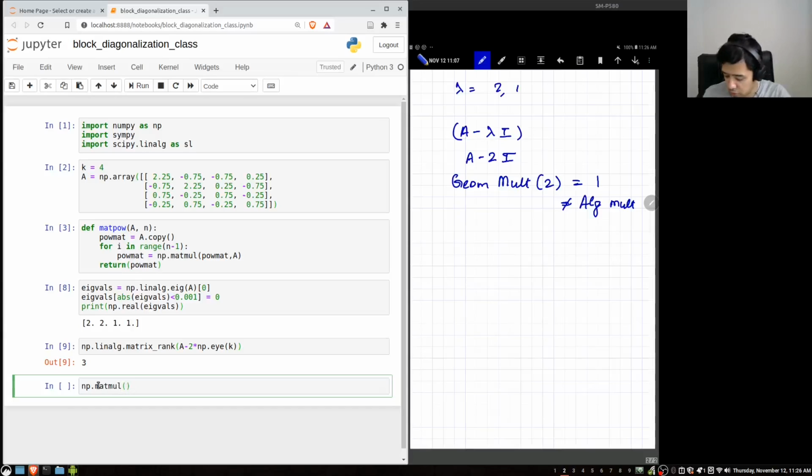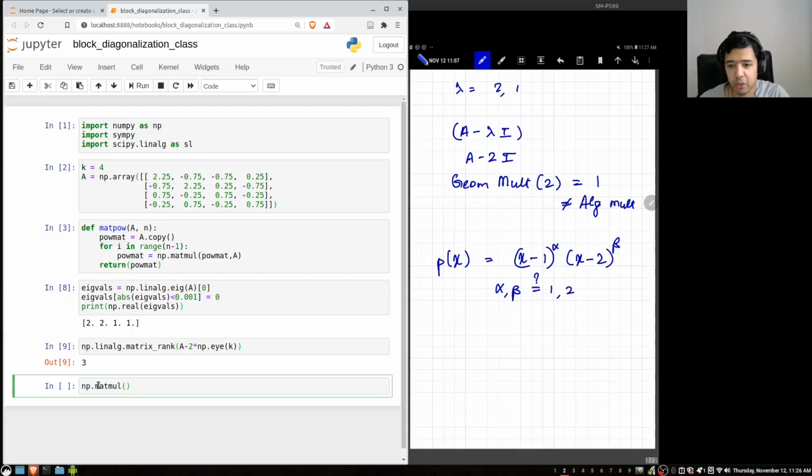I want to find the minimal polynomial p of x, and this is x minus 1 raised to alpha times x minus 2 raised to beta, because 1 and 2 are the eigenvalues, and alpha and beta can each be either 1 or 2. So the question is, is it 1 or 2?